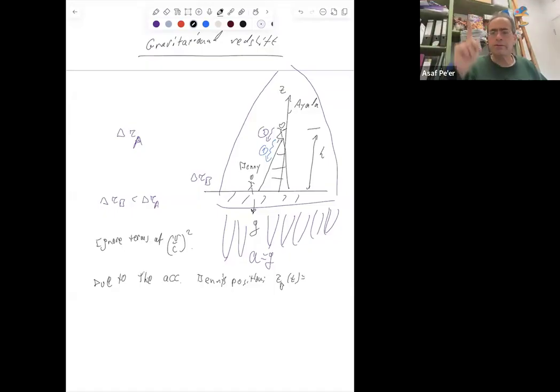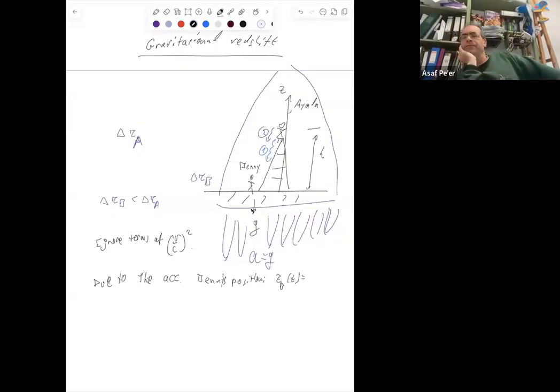There is an acceleration forward, at acceleration g. So what is the position of Benny, since he's like in an accelerating spaceship, at time t?